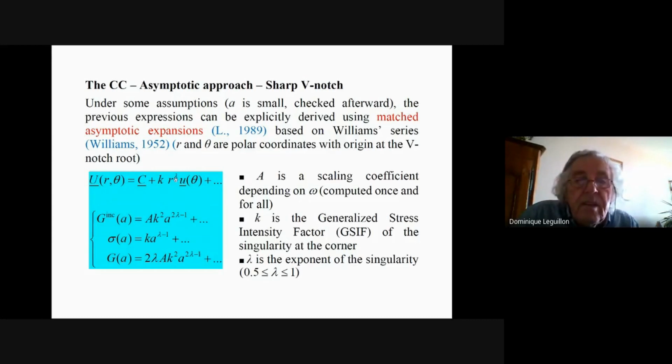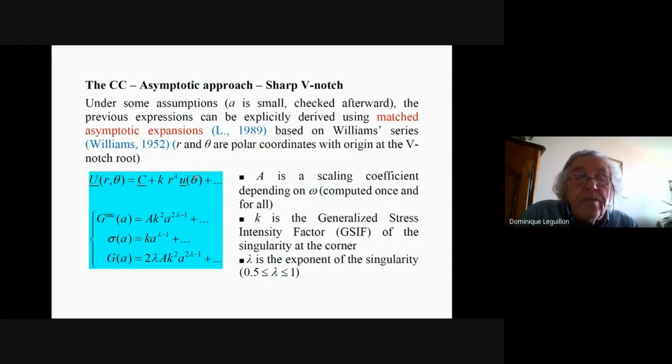If you calculate the derivative, the power becomes lambda minus 1. And you see that if lambda is smaller than 1, this is negative, and sigma increases to infinity if A decreases. This is why it is called singular. The displacement itself is not singular, it is the stress field that is singular, okay?